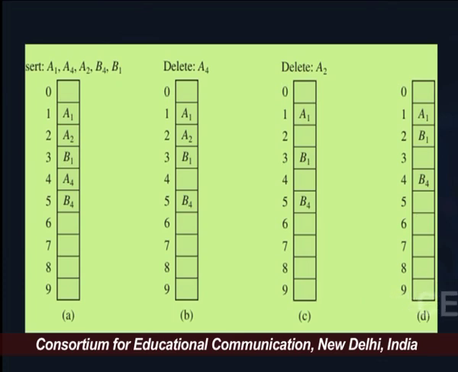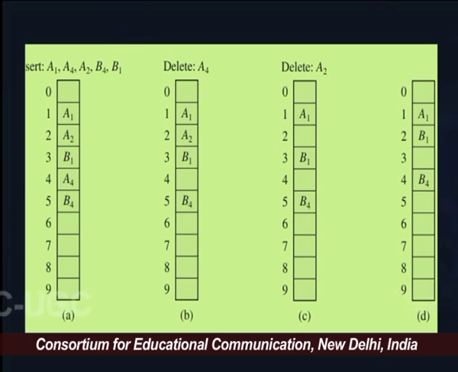B1 is colliding with A1, and B4 is colliding with A4, and the collision resolution technique adopted is linear probing. So B1, when collided with A1, gets position number 3, which is the next available slot as instructed by linear probing.